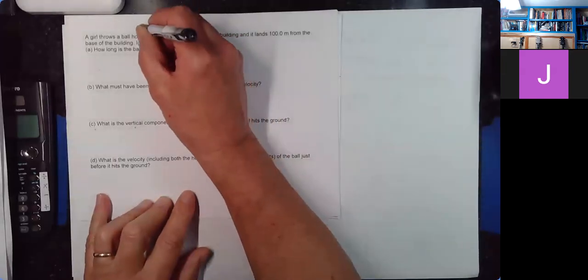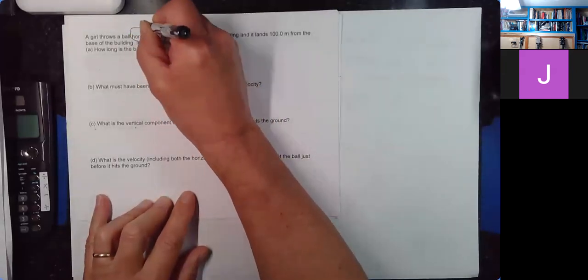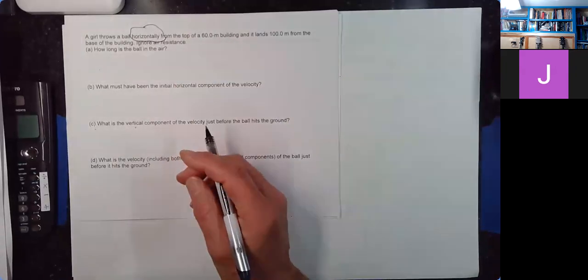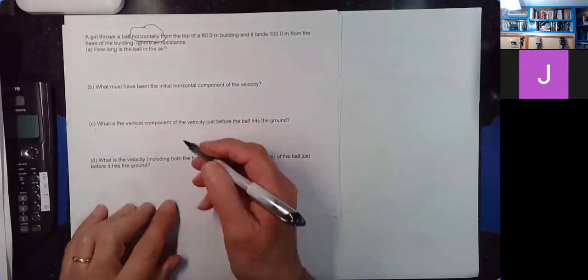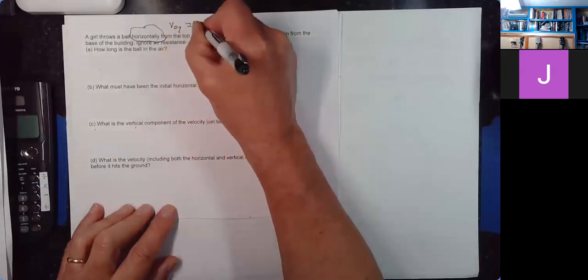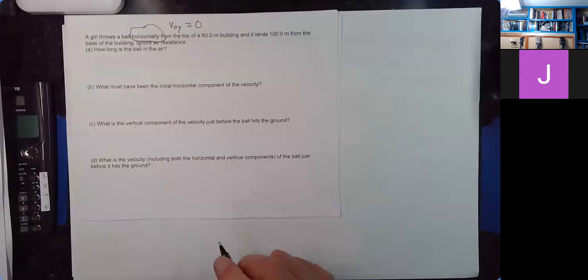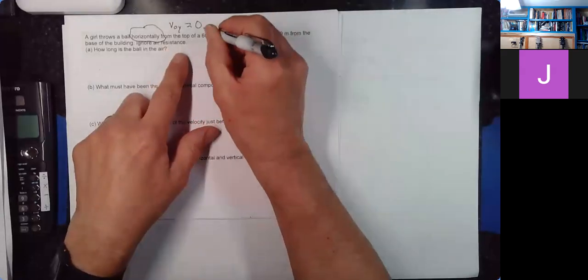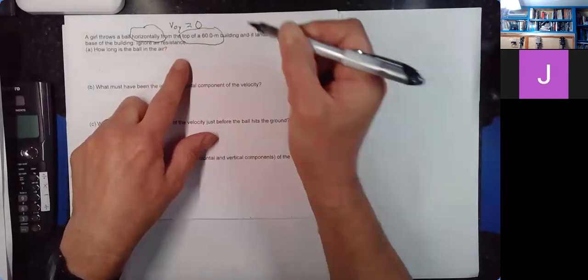And there are some keys in here that will let us do it. One, the ball is thrown horizontally, okay? That means initially it has no y velocity. That means v naught y is equal to 0. Now, it's thrown from the top of a 60-meter building.